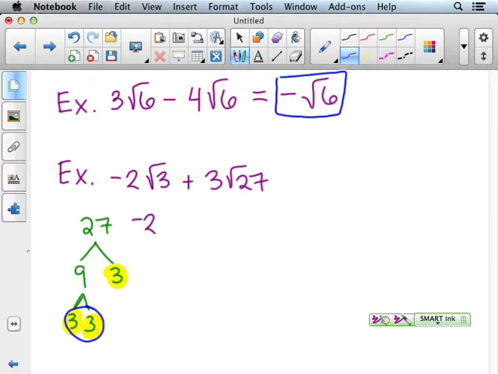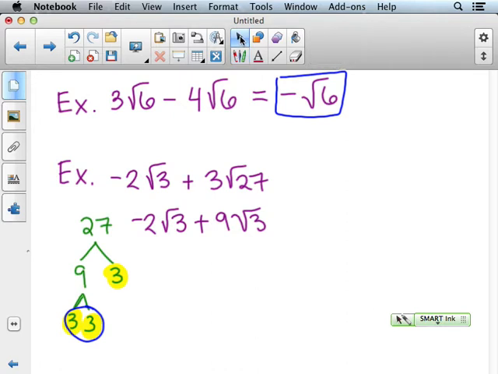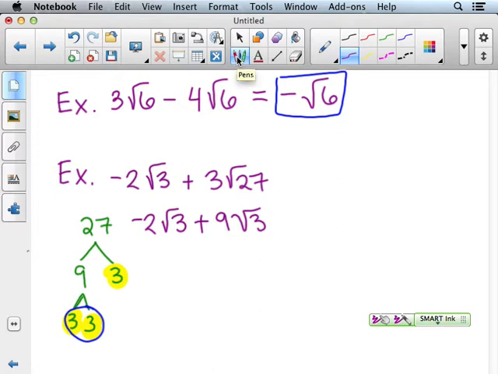So I end up with negative 2 square root 3 plus 9 square root 3. Okay, this one's left over here. So now they have the same index and the same radicand. They're like terms, I can add them together. Negative 2 plus 9, 7. So 7 square root 3. And that's your final answer.